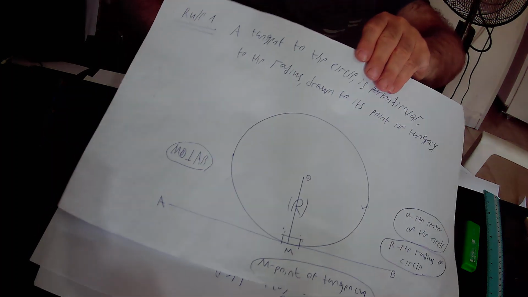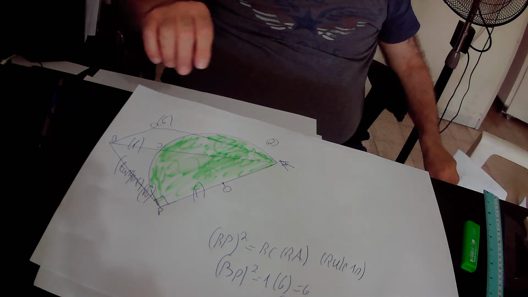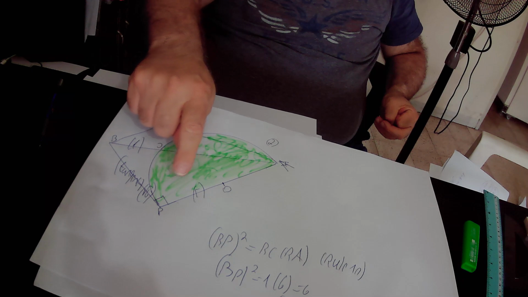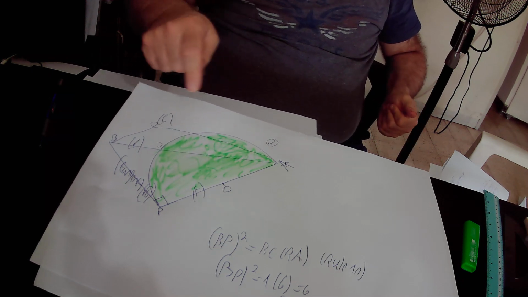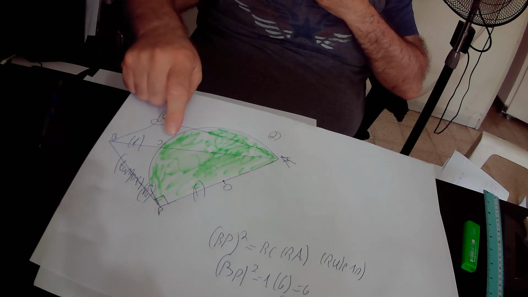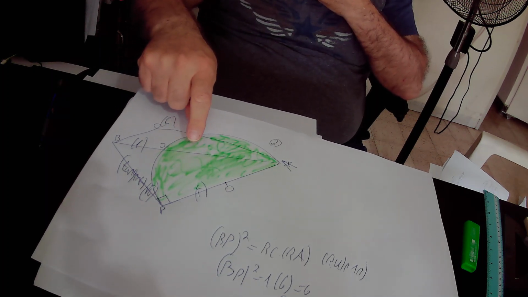And here in our drawing, we have line segment BP that is perpendicular to the radius PO of this green semicircle. Therefore, line segment PB must be a tangent to this green semicircle.